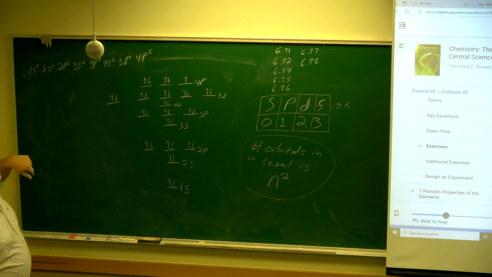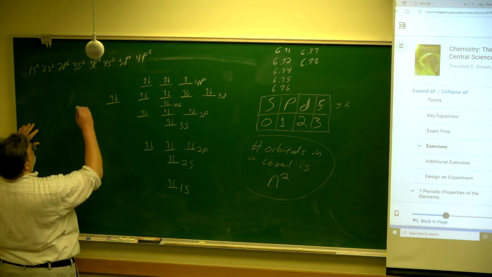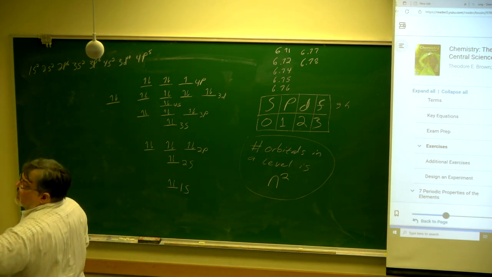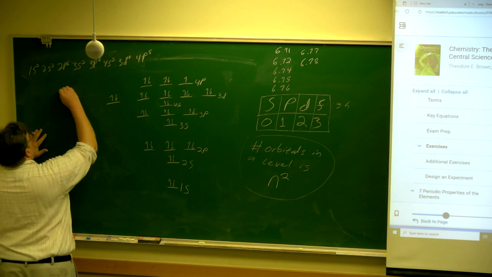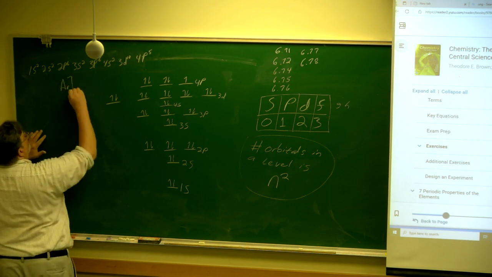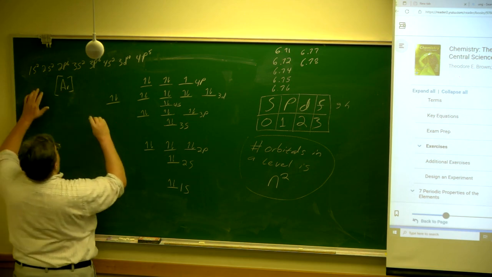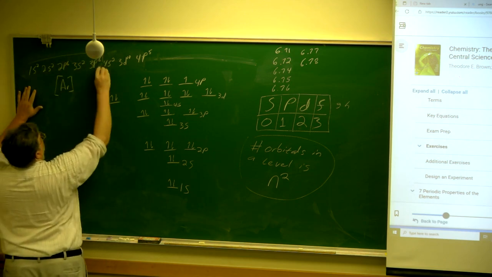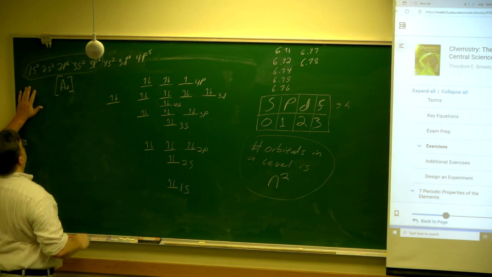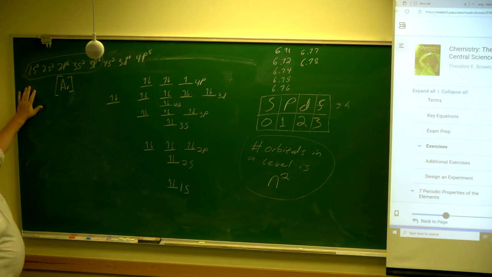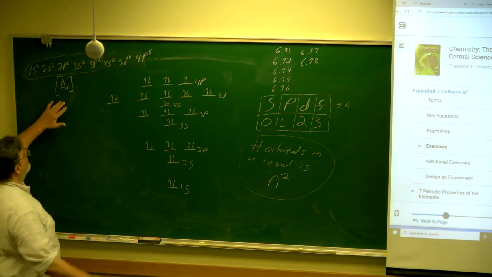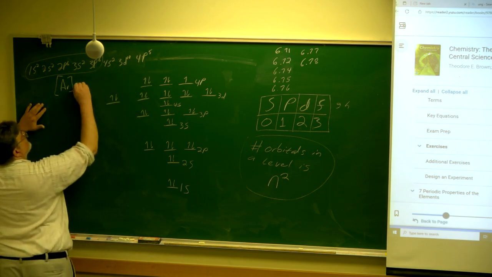And then the condensed version would be where we replace all of this with argon. So helium, neon, argon, and then you would fill the rest of this in.